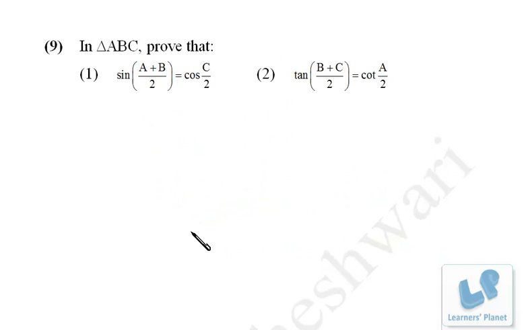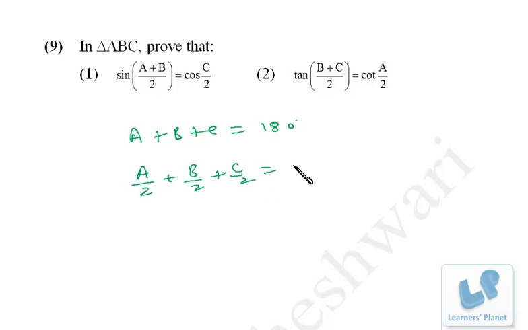Now let's take these problems. Here we know that for any triangle A plus B plus C is 180 degree, right? So if I divide both the sides by 2, then A by 2 plus B by 2 plus C by 2 will be 90 degree, or I can say (A + B) by 2 is equal to 90 minus C by 2, right?